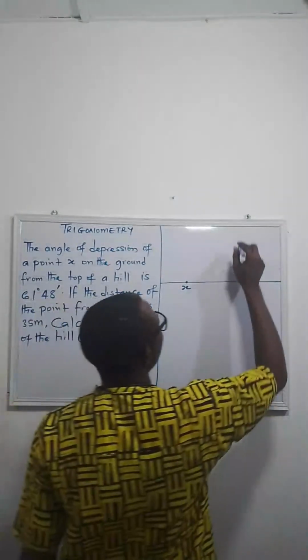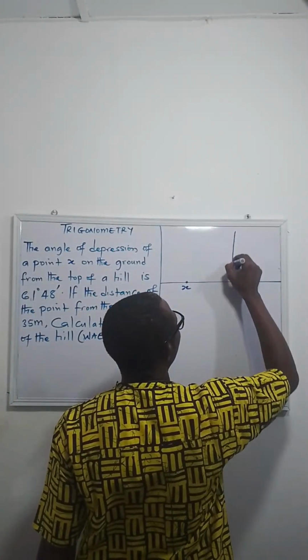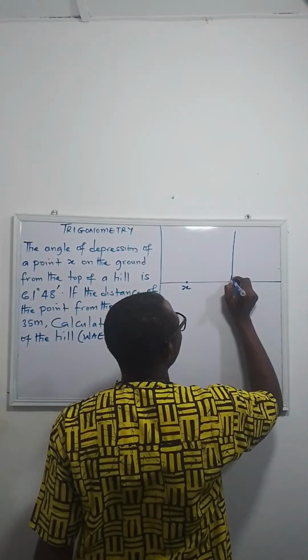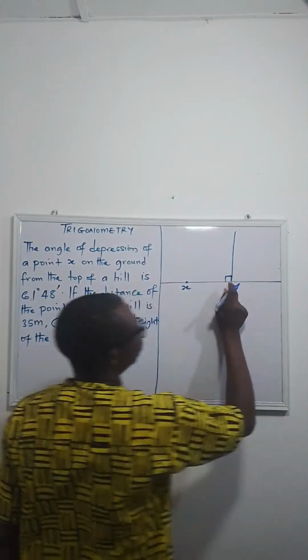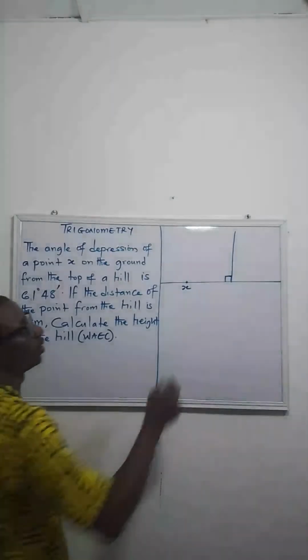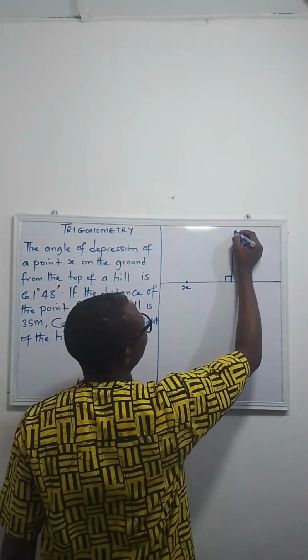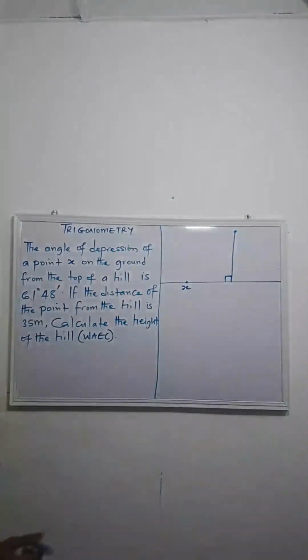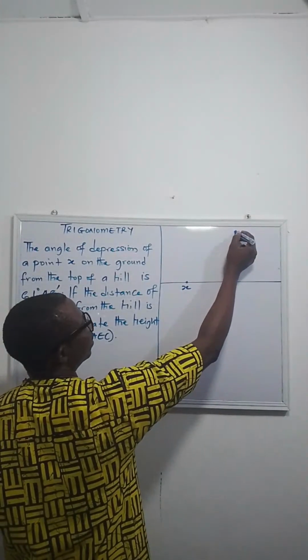So it means we have a hill here which is at right angle to the ground. Okay, now this is what we have. This is the top of the hill. So the observer is here.